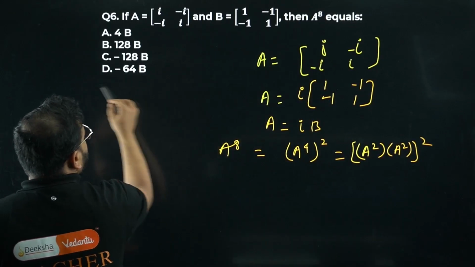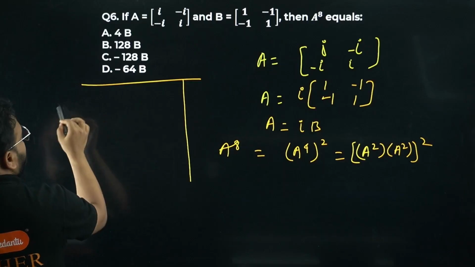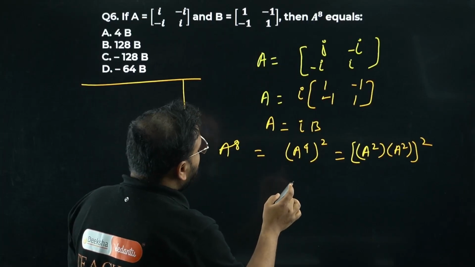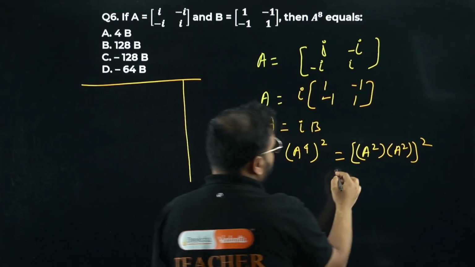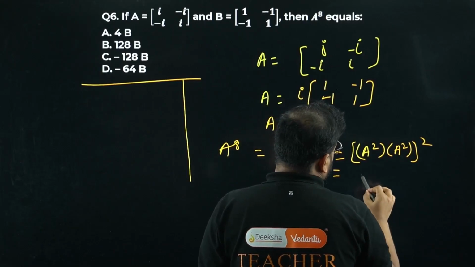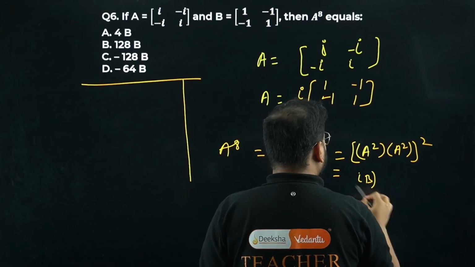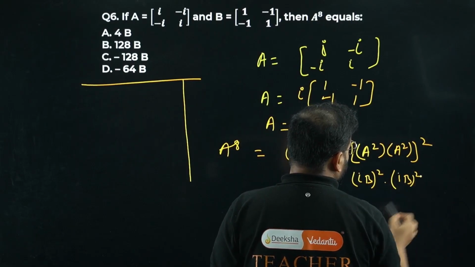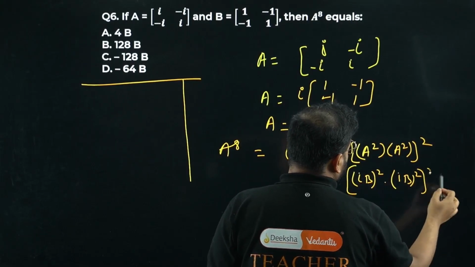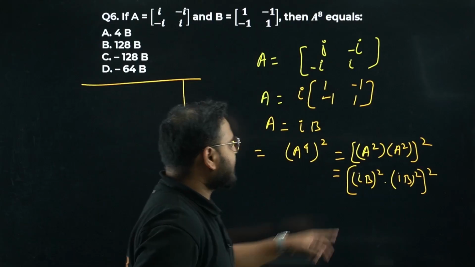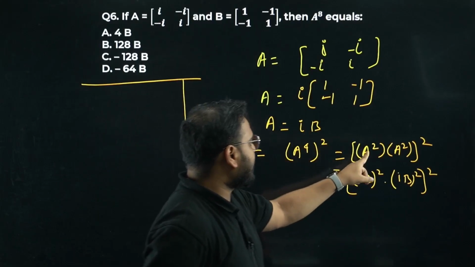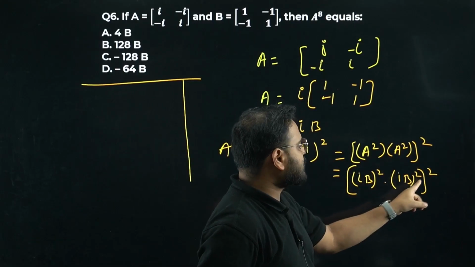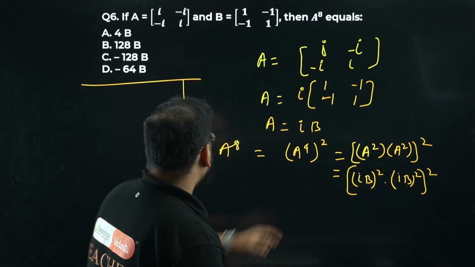For A square, I'll have B left over here. So I can write this as (iB) squared into (iB) squared, whole squared. A is nothing but iB, so I'm writing A as iB squared, A as iB squared, and then we have the whole square. So I need the value of B square once.